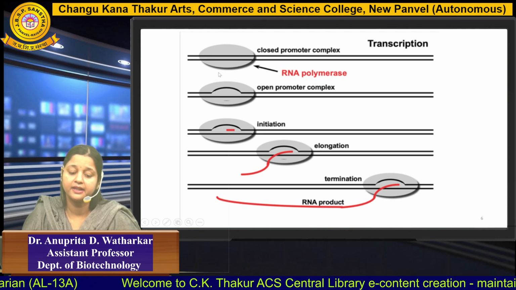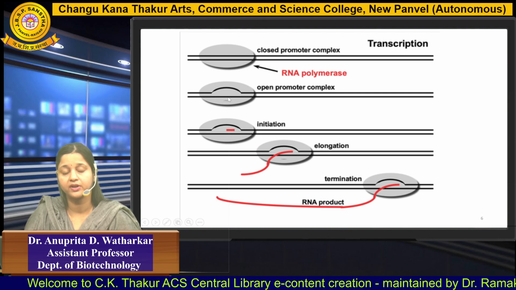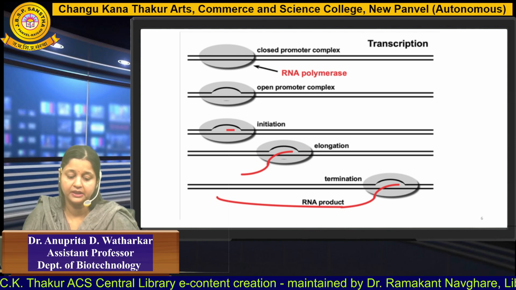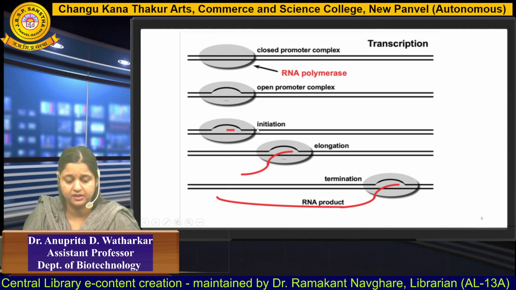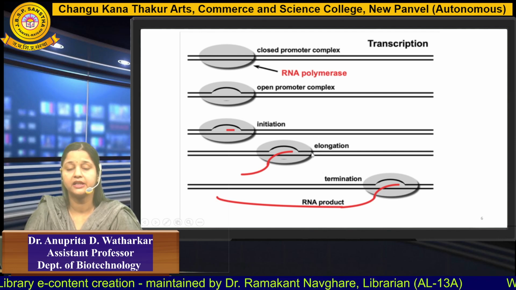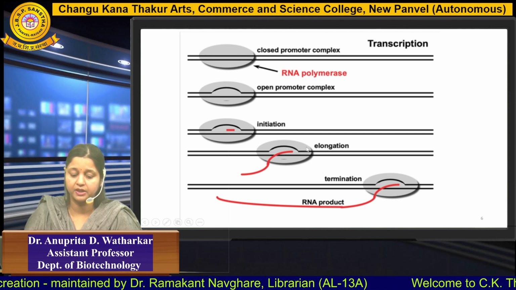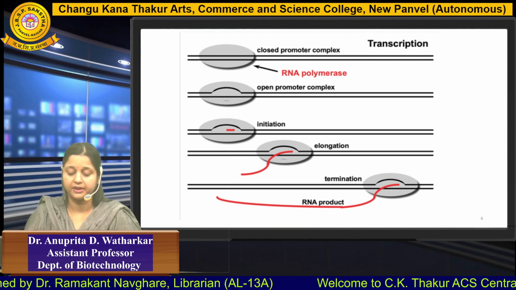After that, there is DNA melting at a specific portion, and a transcription bubble forms, which is also called the open promoter complex. Then the actual initiation of RNA transcript formation occurs, followed by elongation. After that, either a rho dependent or rho independent process occurs, and the transcription gets terminated.